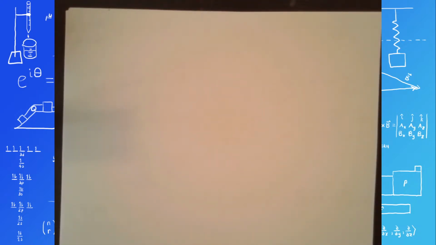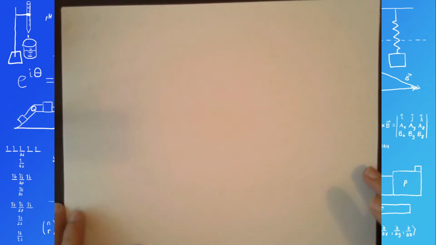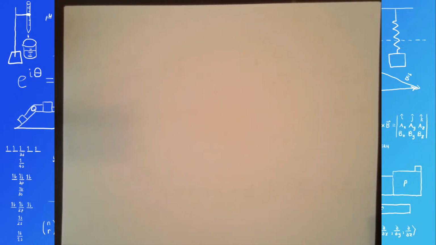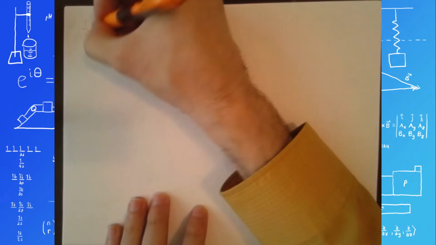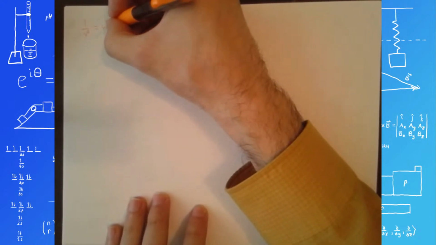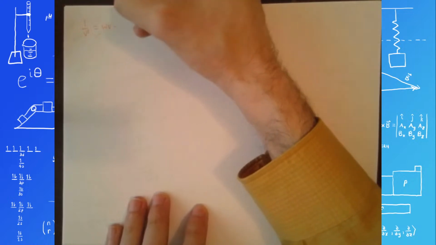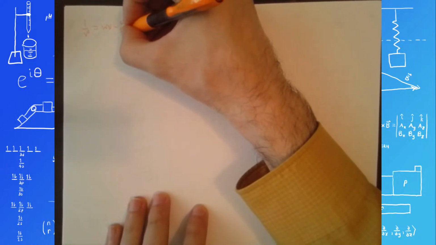Do I want to do that first one? I mean, it's not too different from the ones we've already done that had fractions in them. The only thing is there's a w in there, which I could factor out to simplify. So let's do 1 over v squared, copy it over first, equals wv minus w over u.